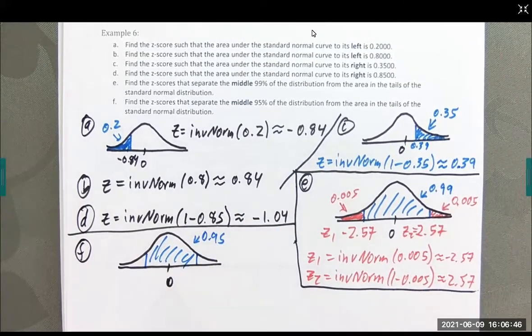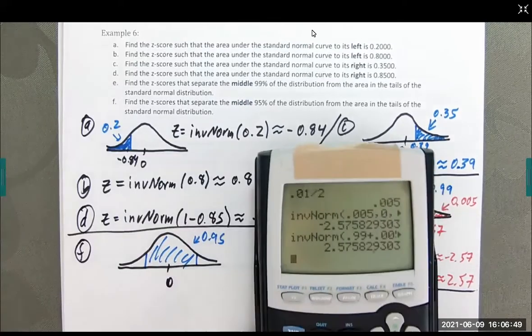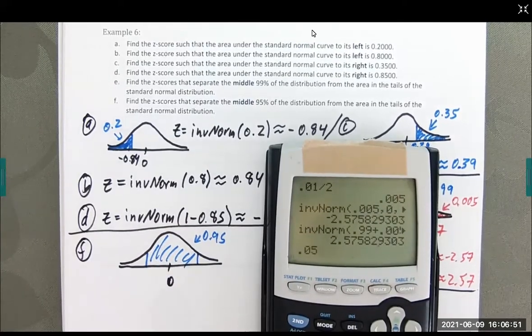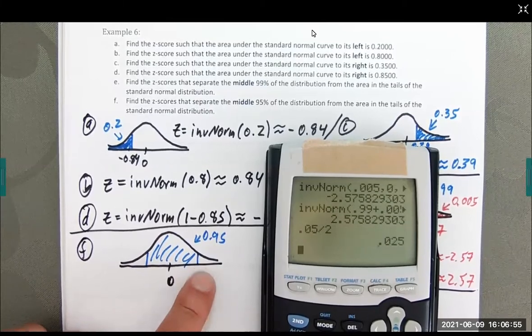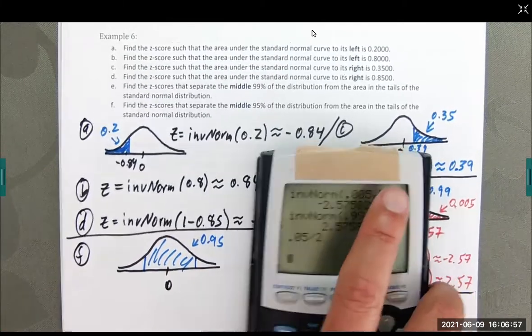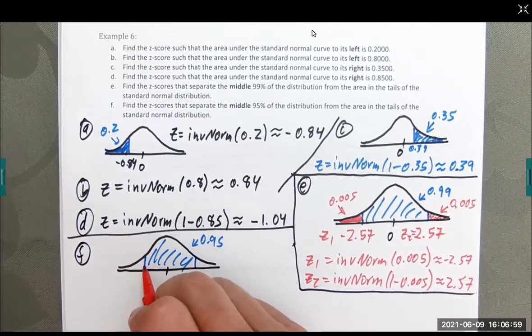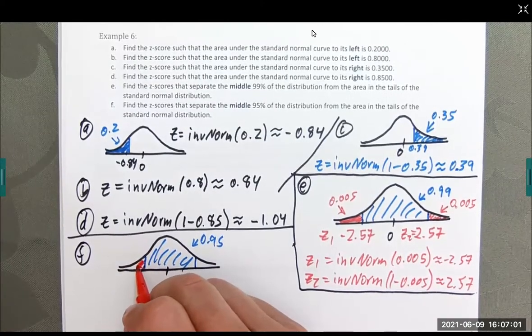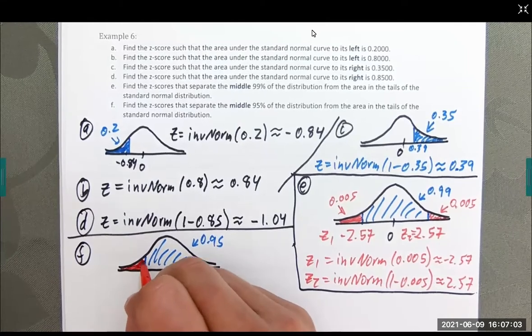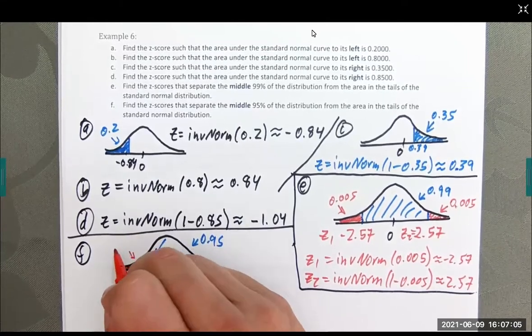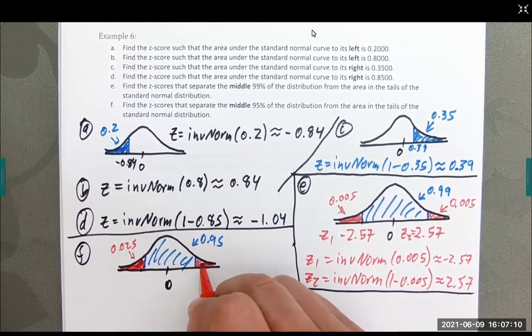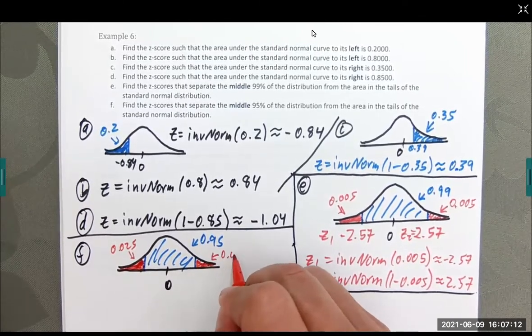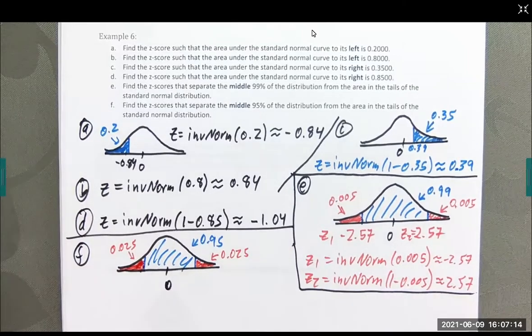Now what's left from the 95% is 5%, or 0.05. And to split it up again, I have to divide that by 2. So this area here is 0.025. Area here is the same. And we're going to find these.